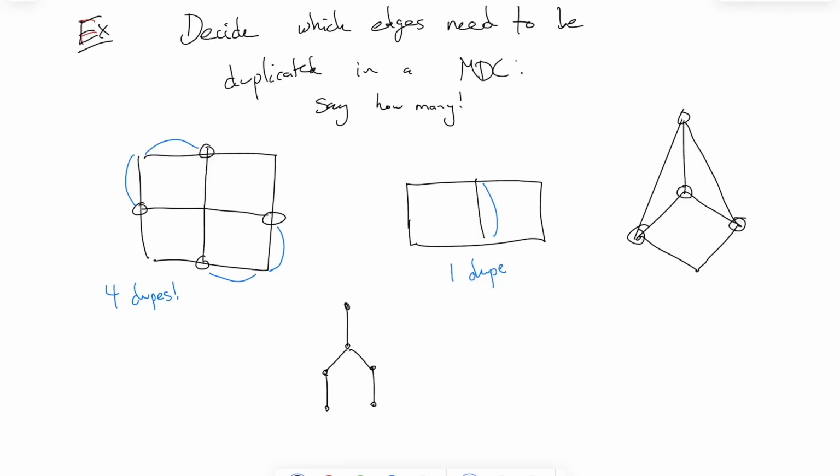I would say you should maybe connect those and those. There you can do it with only 2 duplications. There are other ways you could pair them up, which might require more than 2, but you're looking for the minimum possible way. So this one needs 2 dupes.